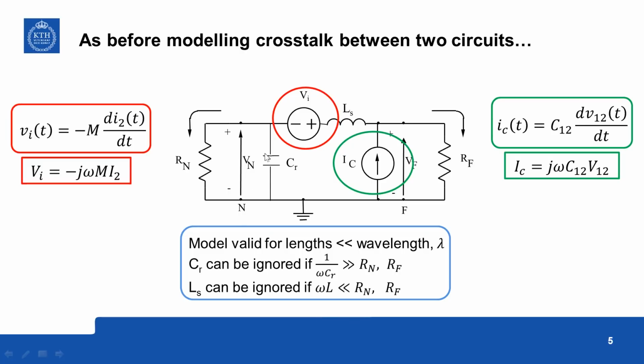And similarly, the parallel capacitance to ground can be neglected if this condition is true, and the series inductive impedance can be ignored if this condition is true. All these are valid in this analysis also, but there will be some modifications due to the presence of the shield.